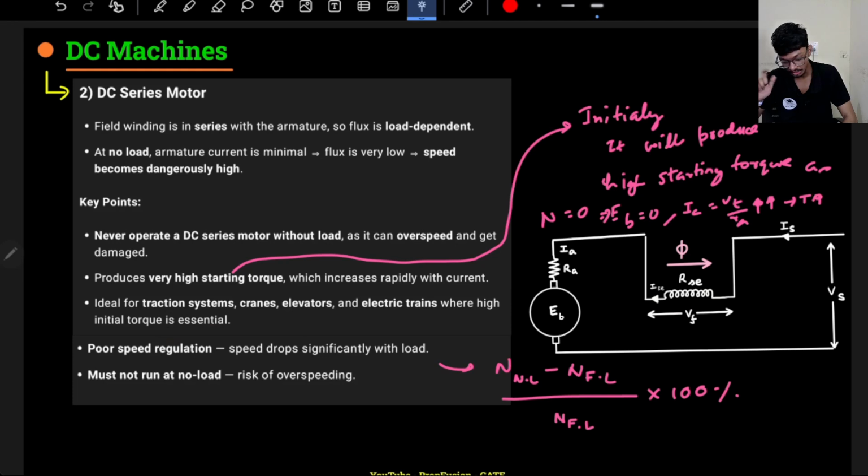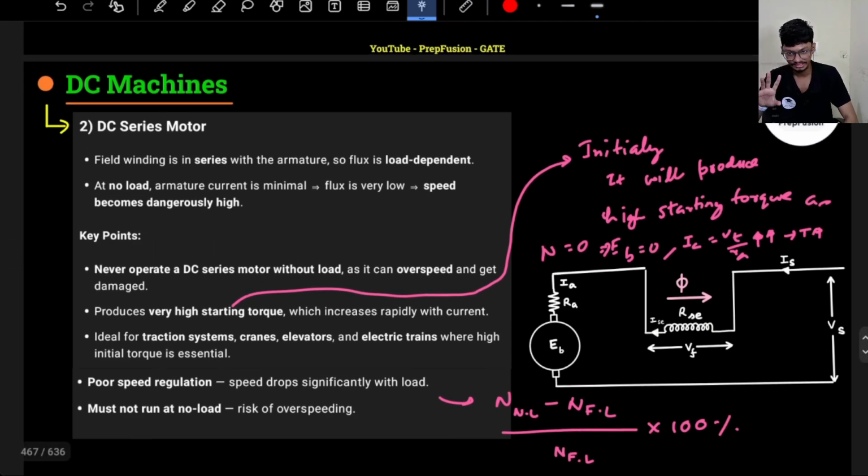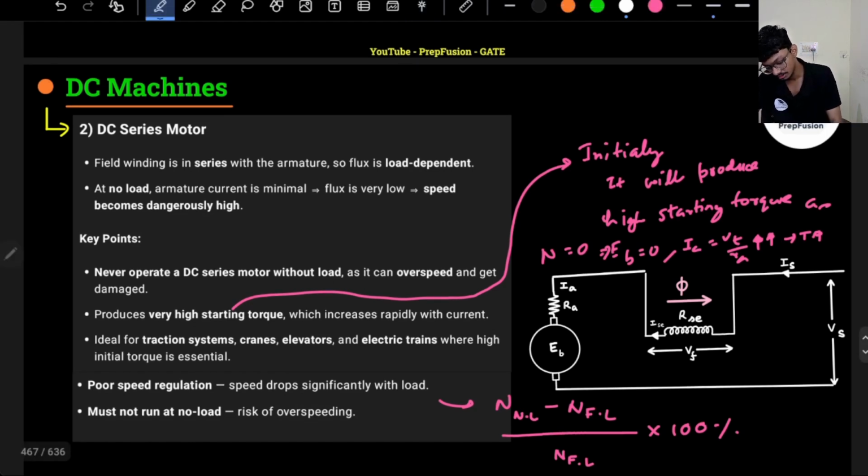One thing is there, right? Initially in case of a shunt machine, you might say, sir, in a shunt machine also the armature current will be very high. Yes, you are correct. But what was the difference? In a shunt machine, the torque is proportional to flux times IA, and the flux is constant, because the IF current is constant. So torque is proportional to IA only.